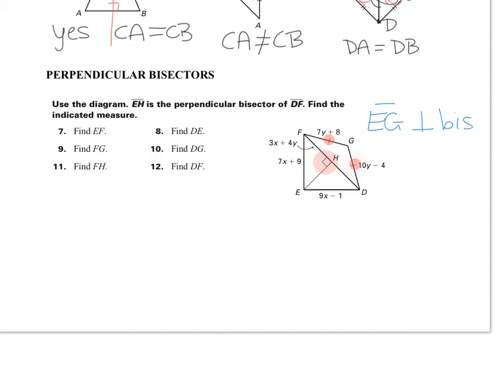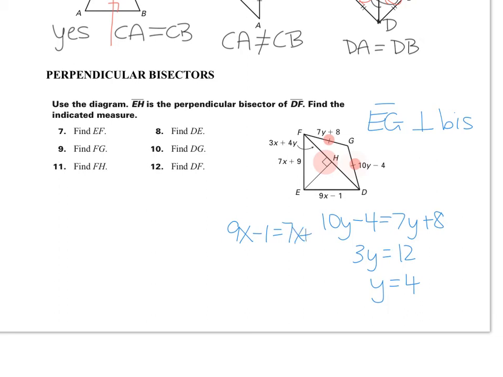So I can first go over here, these are even marked congruent, find x. Okay, then that means that 9x minus 1 equals 7x plus 9.